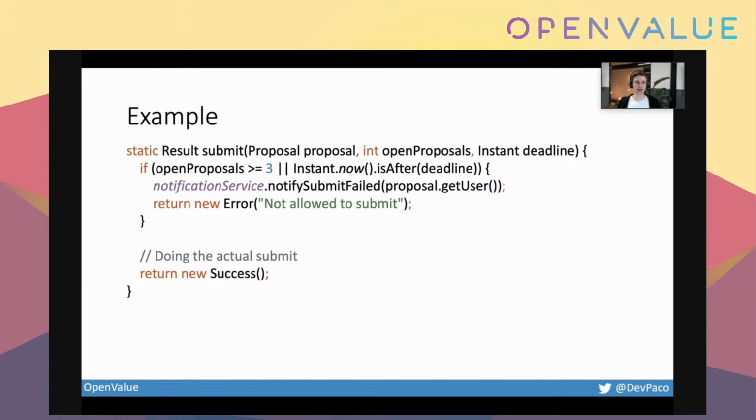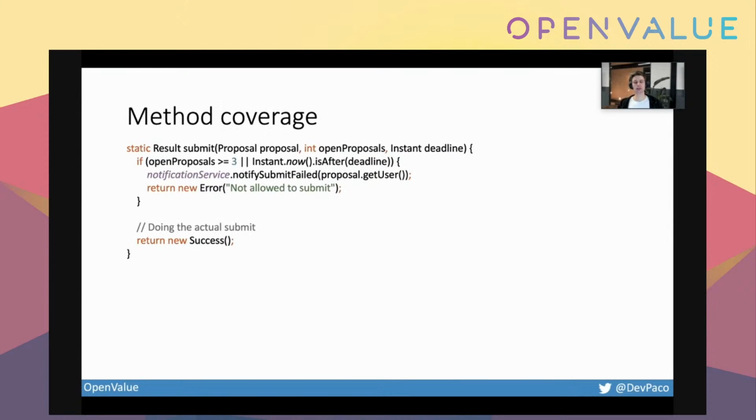If you exceed the allowed number of open proposals, if you have more than 3, or if the deadline has exceeded, you're not allowed to submit, you get an error, and otherwise you get success.